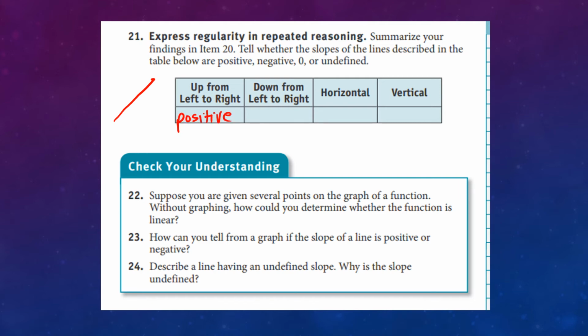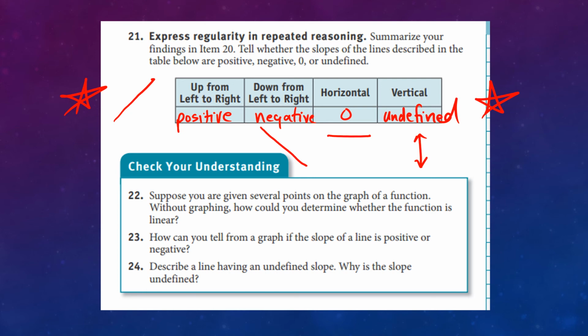If it goes down from left to right, so like this, the slope's negative. Horizontal, the slope is 0, and vertical is when you're not running, so you're going to divide by 0. You're only rising, and you can't divide by 0, so that would be undefined. Boy, those are important to know.